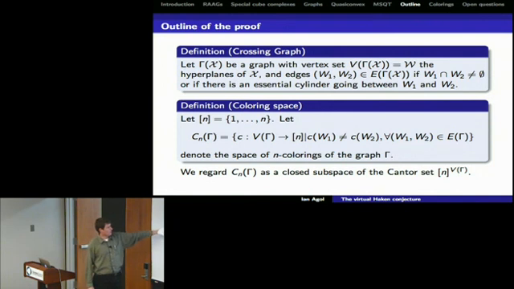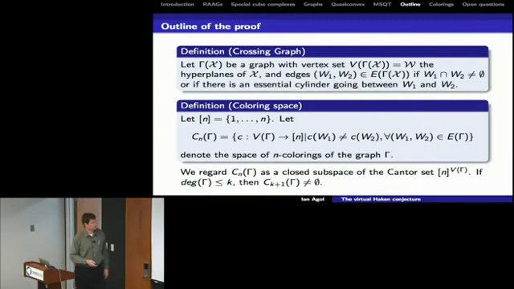And we color these, coloring in the sense of graph theory. We regard the colorings of this graph as a subset of the Cantor set. You have n different colors and you have the vertex set. A graph has a coloring if there's a color associated with the vertices such that the endpoints of every edge have different colors.